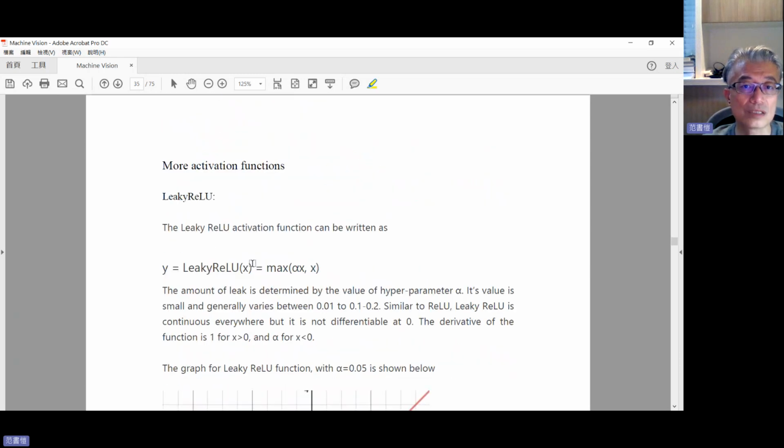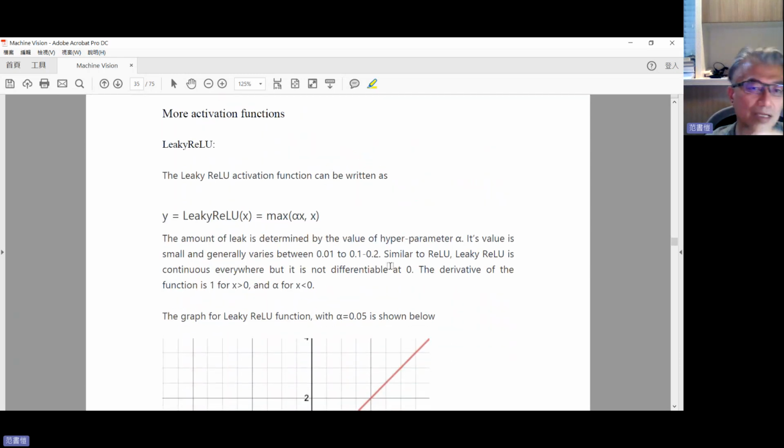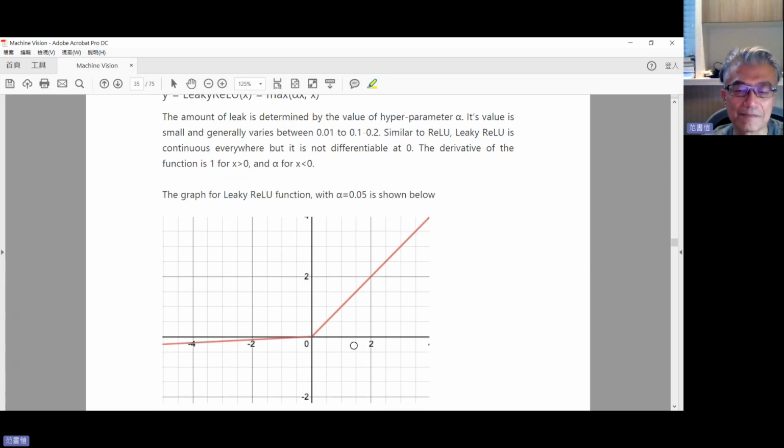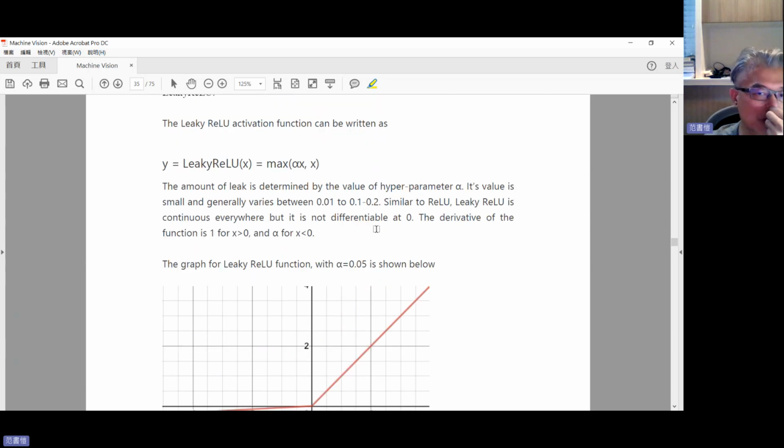Okay, then more activation functions, like the leaky ReLU. Originally, the ReLU is like this. After 0, it is all 0. If the horizontal axis is smaller than 0, all the activation is going to be 0. However, for the leaky ReLU, we take the maximum of alpha x and x.